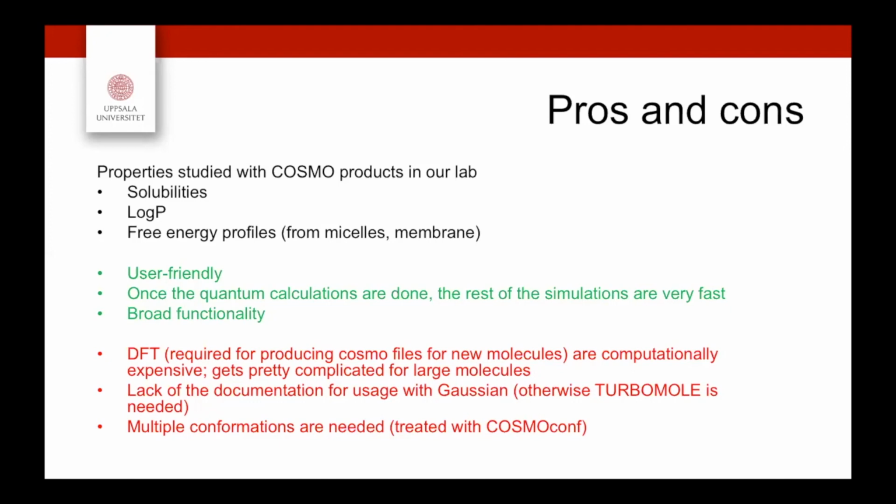Here there is a plus if you're using TurboMole, then you can also use COSMOconf, which will pick the right conformations. You still need to run your molecular dynamics simulations where the molecule of interest is moving and the angles are changing, and then feed it into COSMOconf with the support of TurboMole, and it will produce the most relevant configurations. Then it all will be put together, and the solubility would be measured.